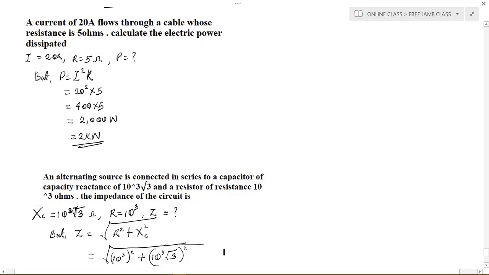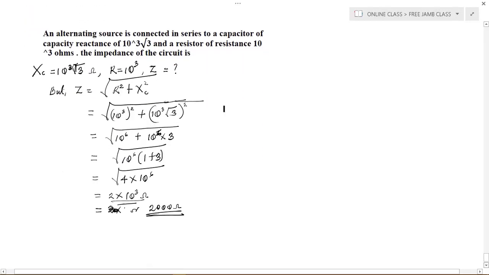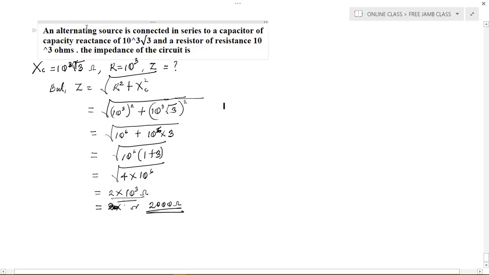The last question solved now is an alternating current circuit question that says that another source is connected in series with a capacitor of capacitive reactance 10 raised to power 3 root 3 ohms and a resistor of resistance 10 raised to power 3 ohms.